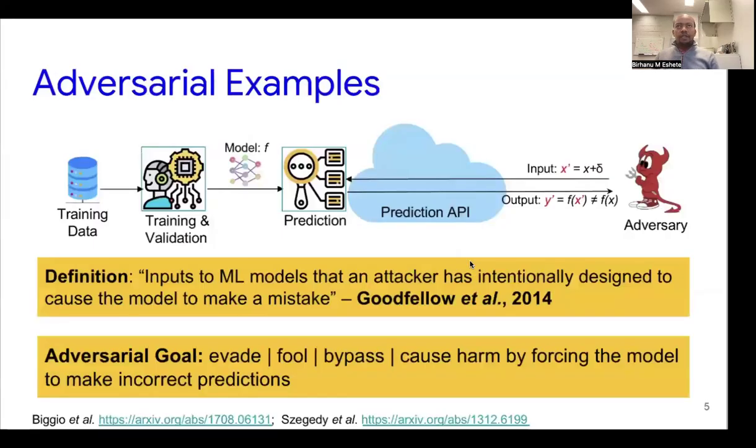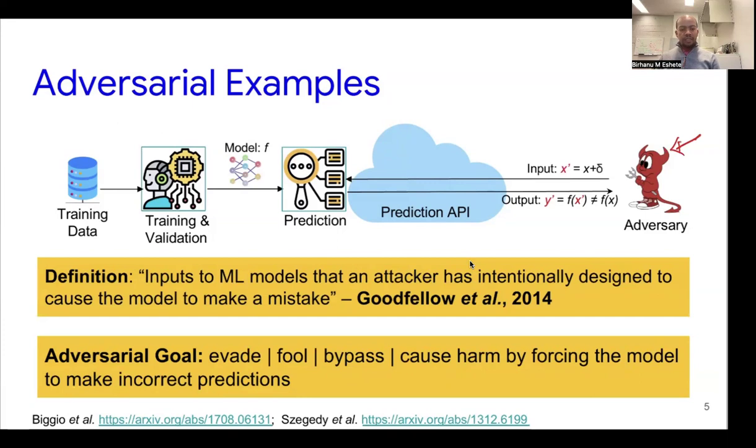So I have tried to define this broadly in the first lecture, but we're going to expand on that definition today. So adversarial examples are in the supervised machine learning pipeline that we talked about. I'm going to explain it a little bit here. So look at the adversary over here. The adversary here is trying to interact with a deployed machine learning model by perturbing or applying some transformation on a given input so that the input would be misclassified by the classifier.